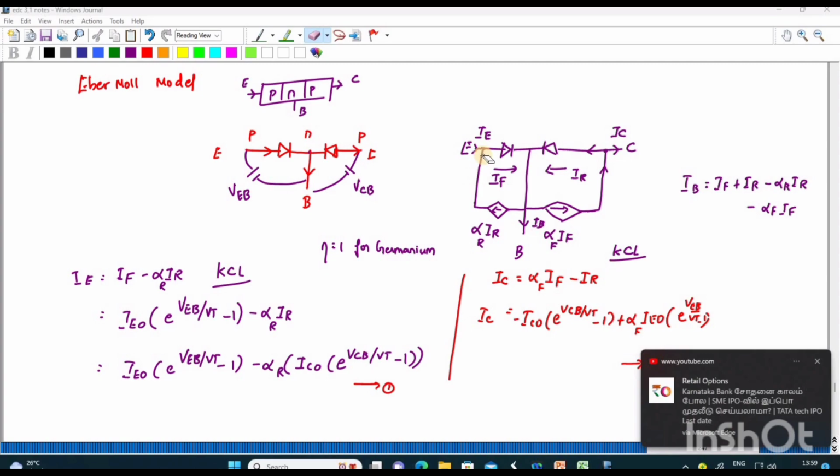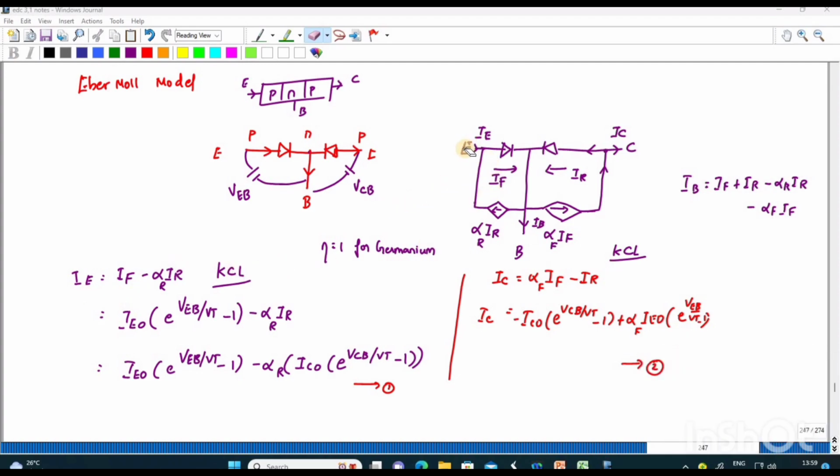So by applying KCL, Kirchhoff's current law, I can write IE. IE is the emitter current; alpha R IR is incoming current and IF is outgoing current. So I can write IE is equal to IF minus alpha R IR. IF is the forward current between emitter and base, so I can write IE naught into e power VEB divided by VT minus 1, minus alpha R IR.